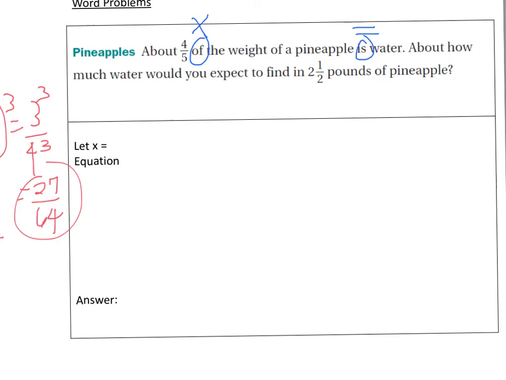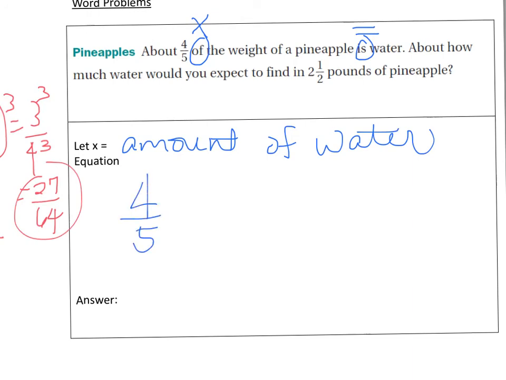So what's our x? About how much, the amount of water. Let x equal the amount of water, okay? Alright, so we have 4/5 times, this is multiply, this is not x, or I'll put a dot here, times the weight of the pineapple, and the weight here is given, so it's 2.5, and that is x.